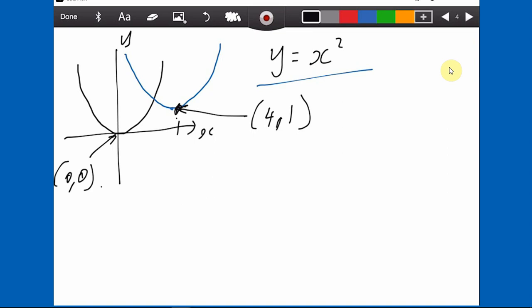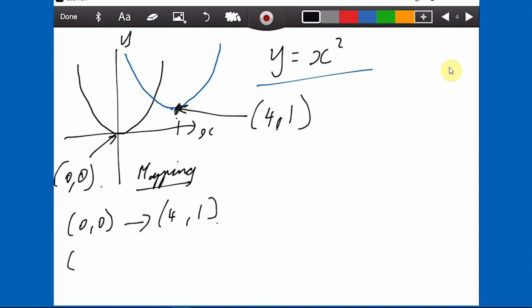So there's two ways we can go about that. We can go about that in the mapping way, and there'll be more on this next year, but for the moment, what do we know? We know that 0, 0 gets mapped to 4 and 1.